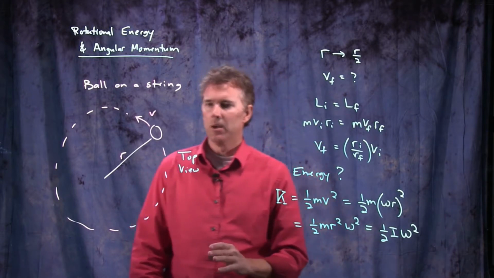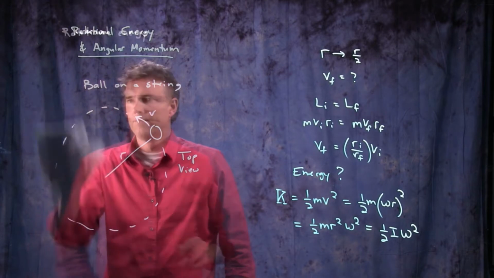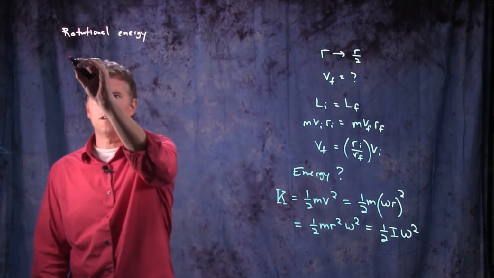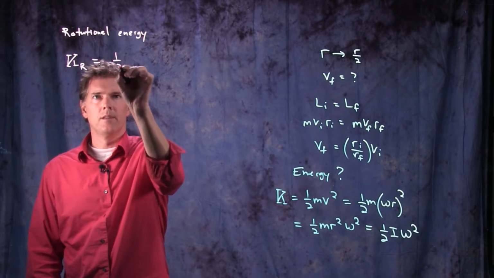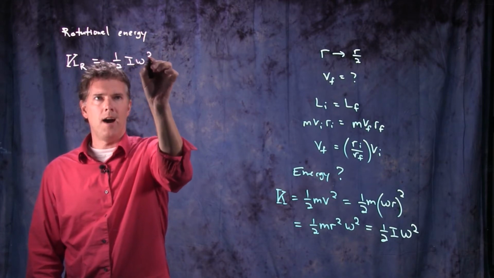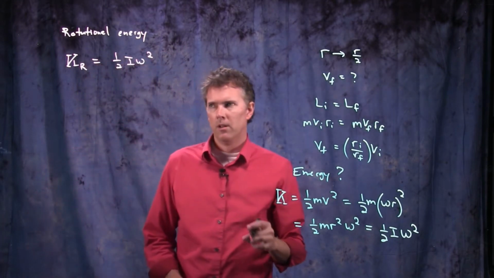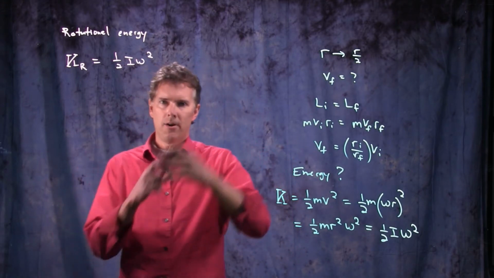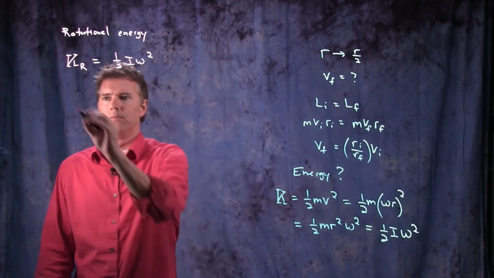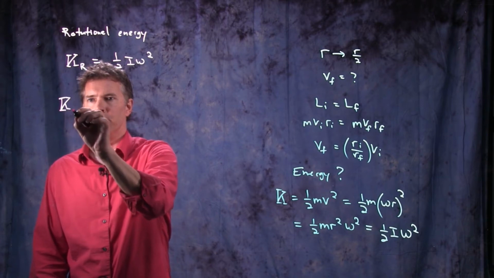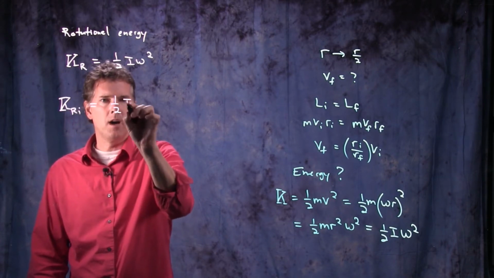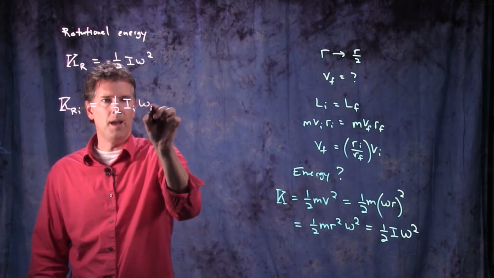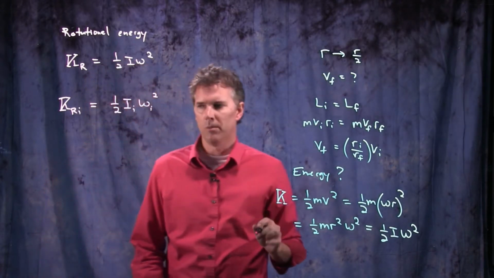Let's figure out exactly what the increase in energy is. The rotational energy that we just talked about, we're going to write with an r. And we said it's 1/2 I omega squared. So when the ball is out at its original position, we had 1/2 I initial times omega initial squared.